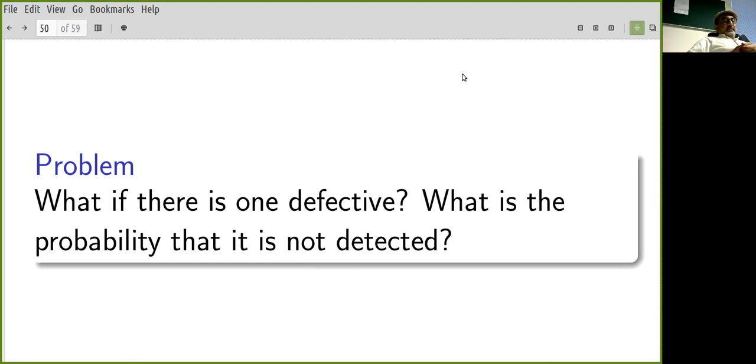If the defective widget was selected for testing, we would realize that there was at least one defective widget in the lot, and we would not ship. And if it was not detected, then we would ship.